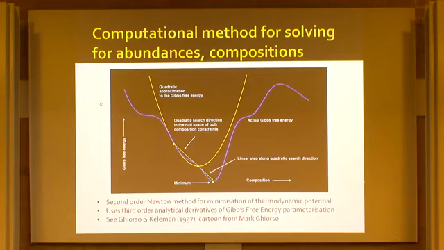So MELTS takes a local approximation, a Taylor expansion of the free energy surface at the current bulk composition. It's able to do this because there are analytical derivatives of the Gibbs free energy parameterization coded in, and then there's a quadratic search in the direction of the null space of the bulk composition constraints.